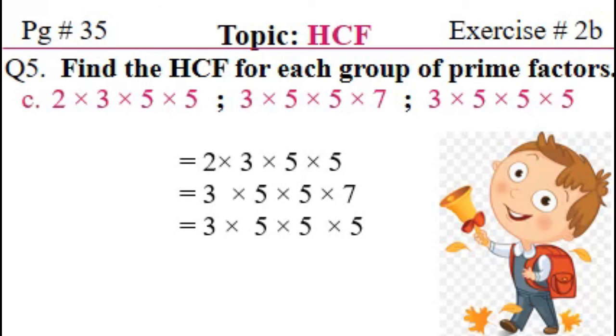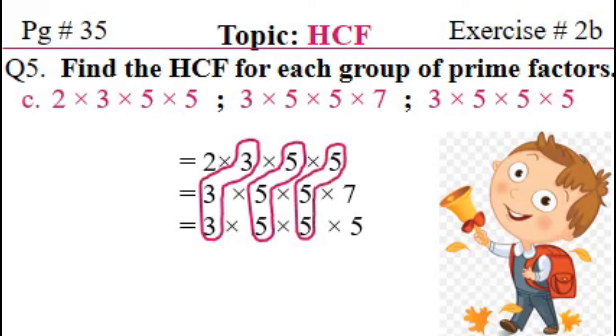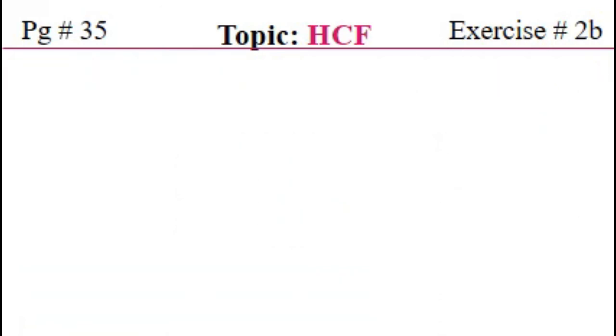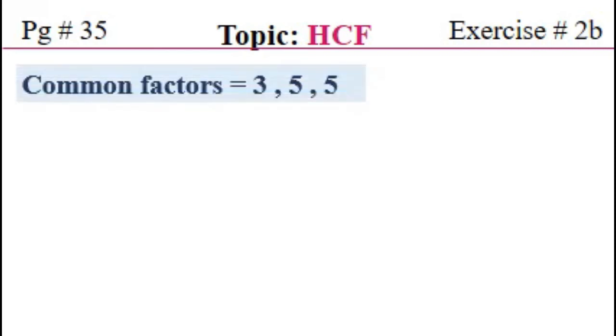Now we are going to loop the common prime factors. 3 is common among all of these three. Then 5 is common and another 5 is also common. So the common factors are 3, 5, and 5.